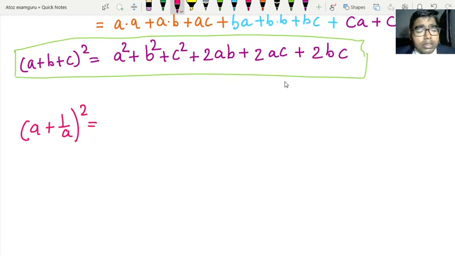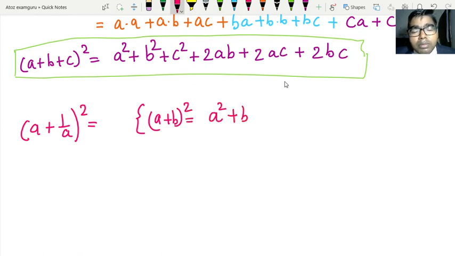And this is on the pattern of a plus b whole square. In the place of b, it is 1 by a, right friends? So using the identity, which identity will you use here? You have to use a plus b whole square, which is a square plus b square plus 2ab, friends, right?